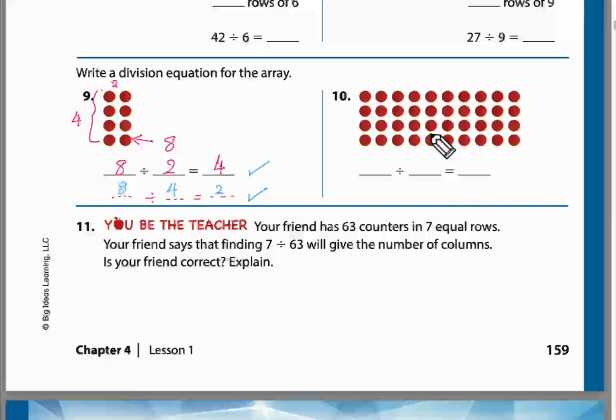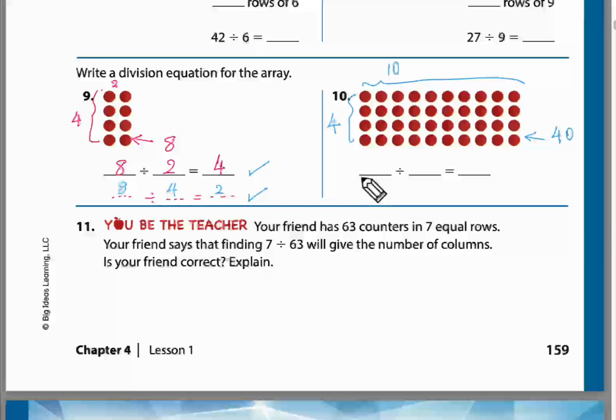40. So the total here is 40. Great. And how many rows and how many columns? 1, 2, 3, 4 rows. And how many columns? 10. Okay. So give me your answer.